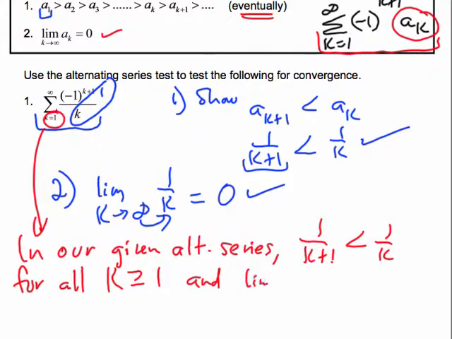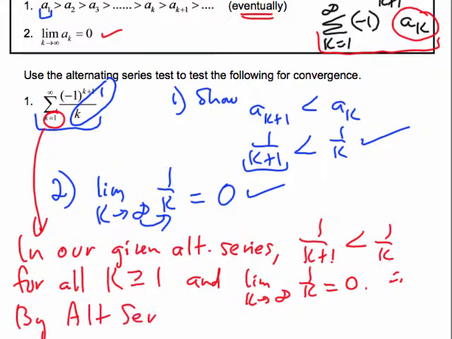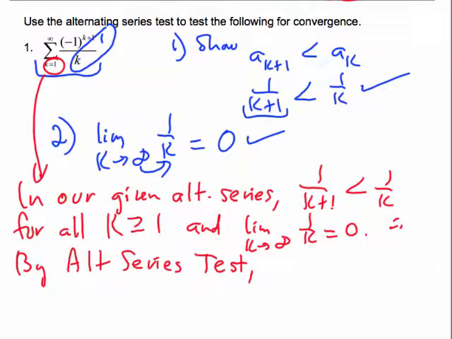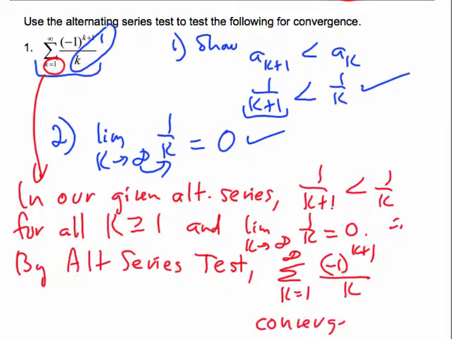And the limit of that is 0. Therefore, by the alternating series test, our series, which is the alternating harmonic series, it's an important series, therefore it converges.